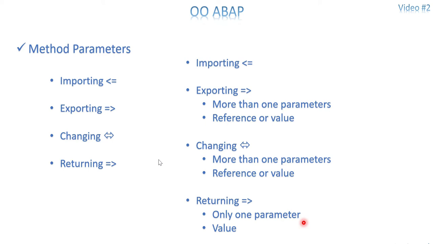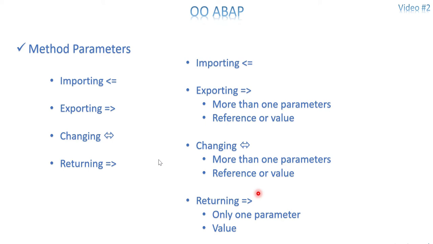You're not able to have more than one return value in a method, and only call by value; call by reference is not possible. Then what is the need of returning? The method always returns only one value after all the manipulations or calculations, so better go with the return parameter. No need for export parameters.